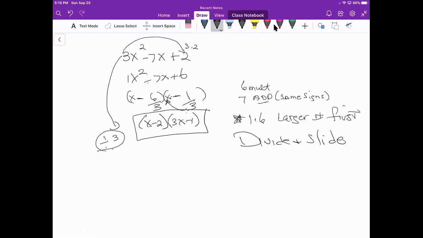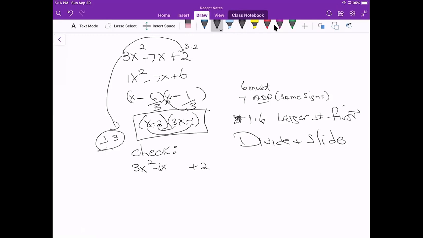And you check it. You can do FOIL or distributive, but the first times the first is 3x squared. The last in each parentheses is negative 2 times a negative 1 is going to be a positive 2. My middle term, my little smile, and my big smile. Look at that. Negative 2 times 3 is negative 6x.